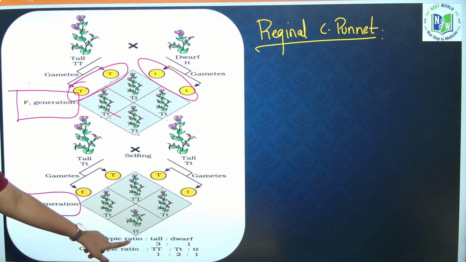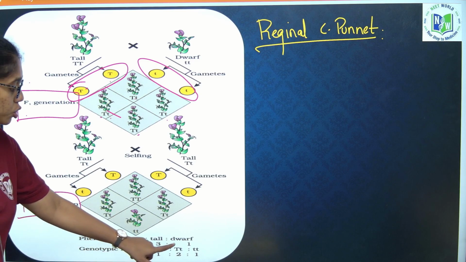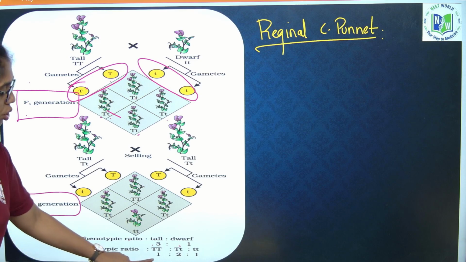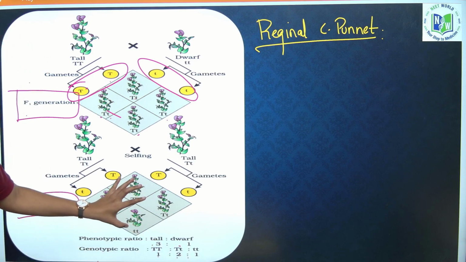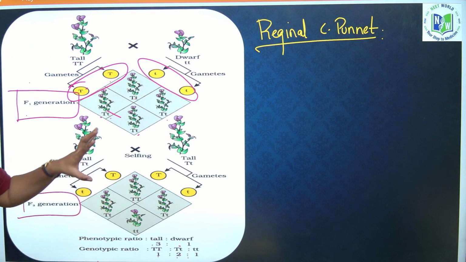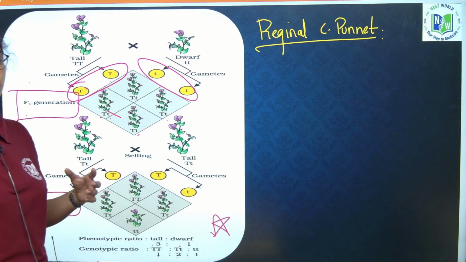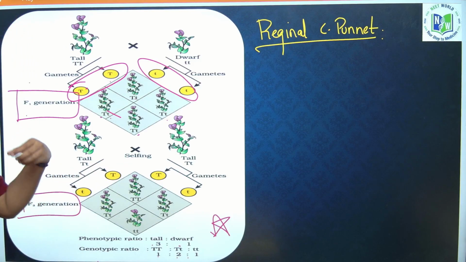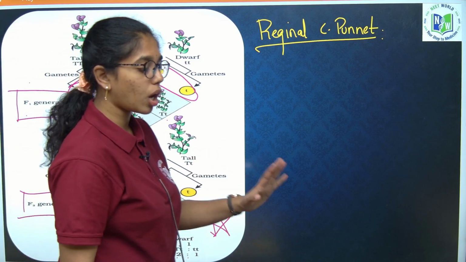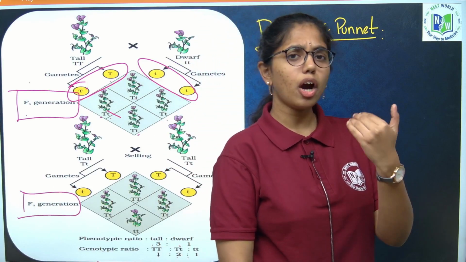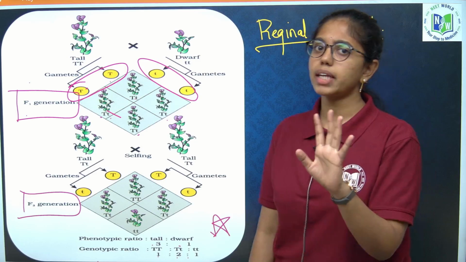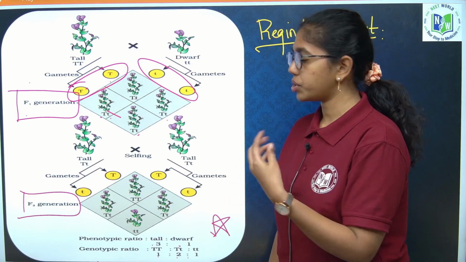The phenotypic ratio is 3:1 and the genotypic ratio is 1:2:1, as we have just observed. From the monohybrid cross, the phenotypic ratio and genotypic ratio are definitely asked, and in your question tall and dwarf are not always given; any of the 7 characters can be taken and questions can be asked.